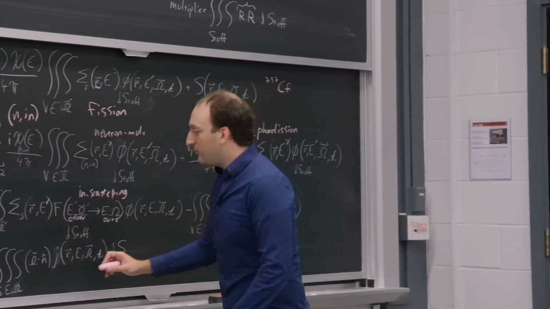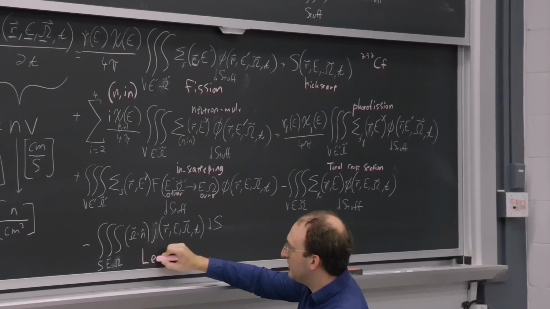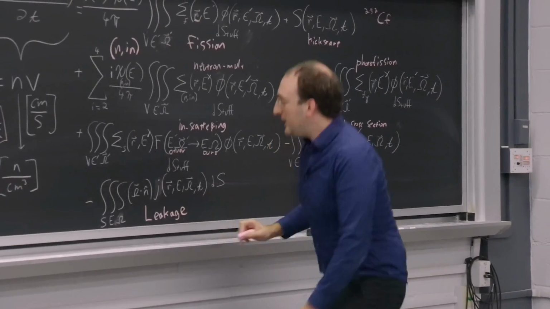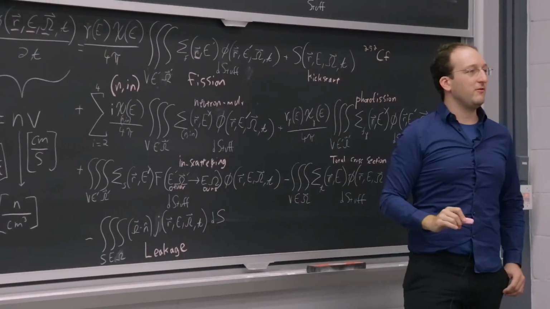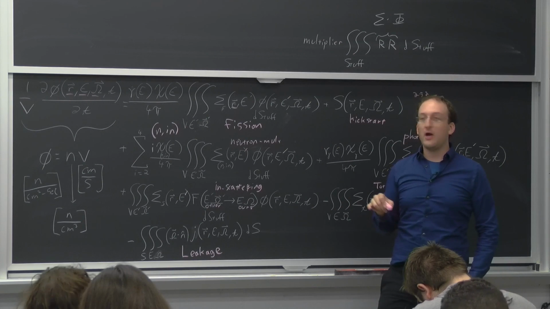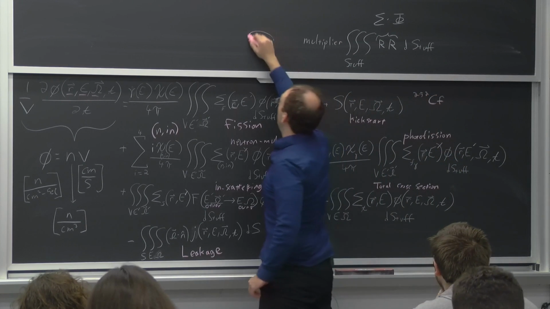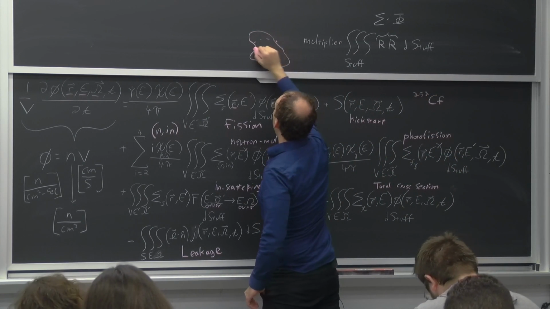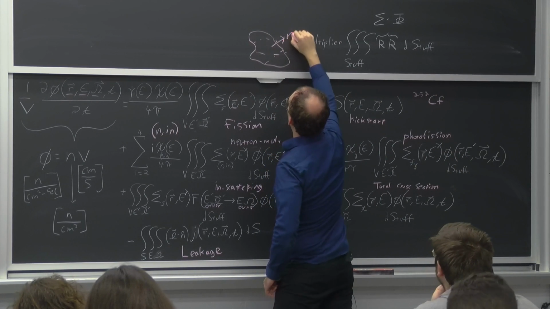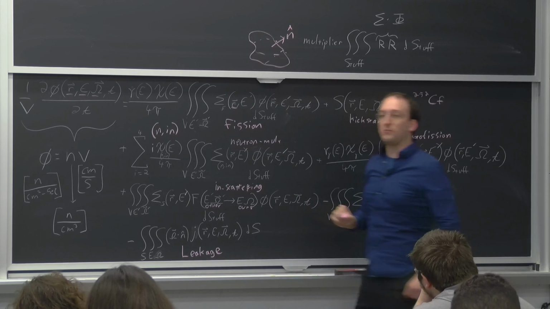Then the only difference is this one right here, what we'll call leakage. These are neutrons moving out of whatever control surface that we're looking at. And this can be some arbitrarily complex control surface in 3D. I don't really know how to draw a blob in 3D, but at every point on that blob, there's going to be a normal vector.